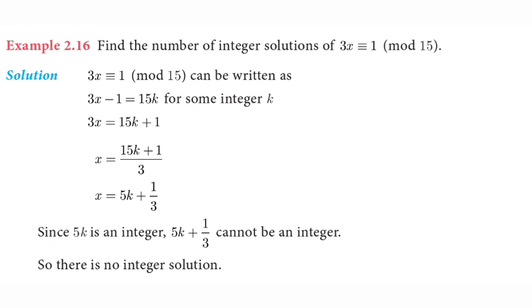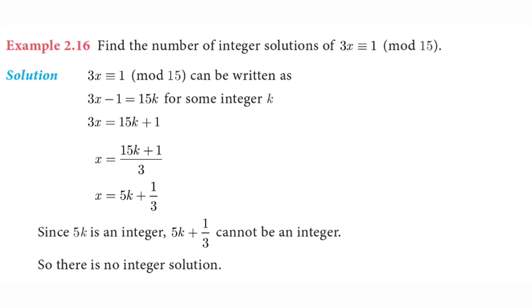Substitute a = 3x, b = 1, n = 15, where k is some integer. Therefore 3x − 1 = 15k, so 3x = 15k + 1.